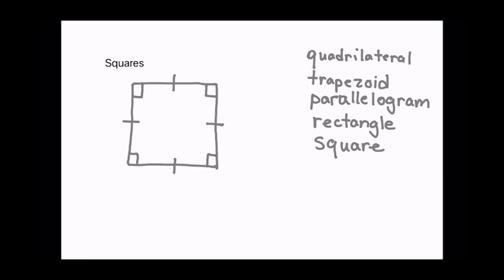It's also a parallelogram. It's also a trapezoid. But the only difference is it has 4 equal sides. So that's why I drew that symbol there showing that it has 4 equal sides. A rectangle does not have to have 4 equal sides, but a square must have those 4 equal sides. So 4 equal sides and 4 right angles.